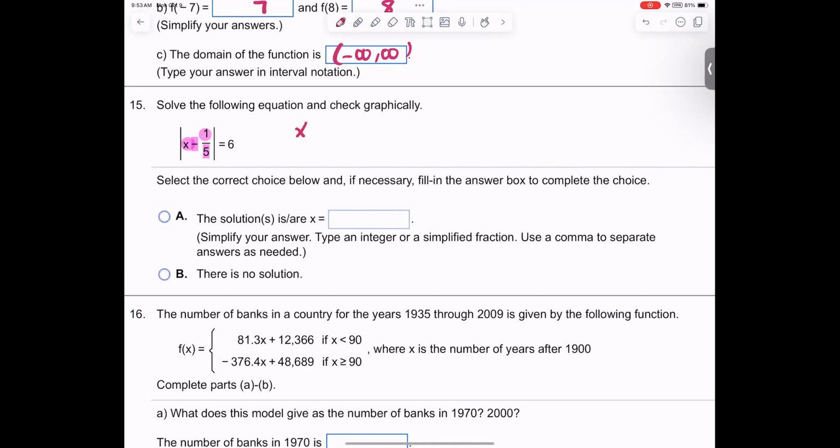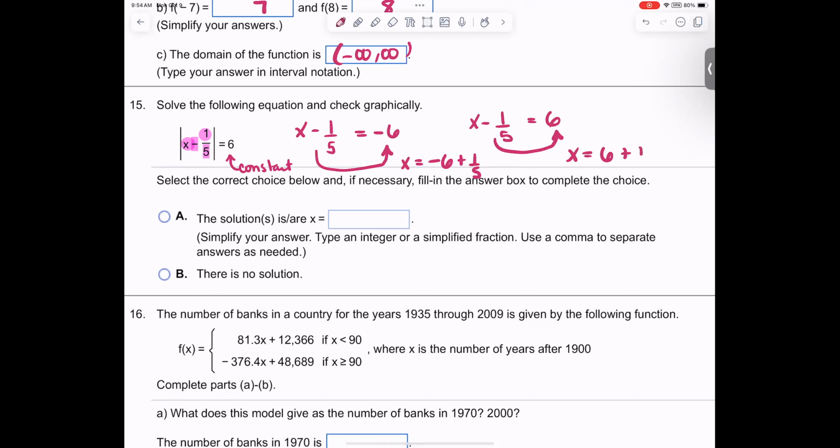Then you add 1/5 to both sides. Don't change signs. If I'm adding 1/5 to both sides of this equation, over on the right, it's positive. So we get x is 6 plus 1/5. Now I can do that in my head.